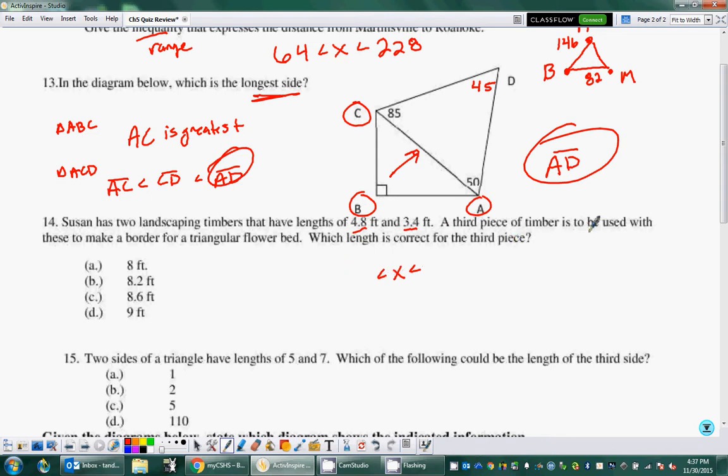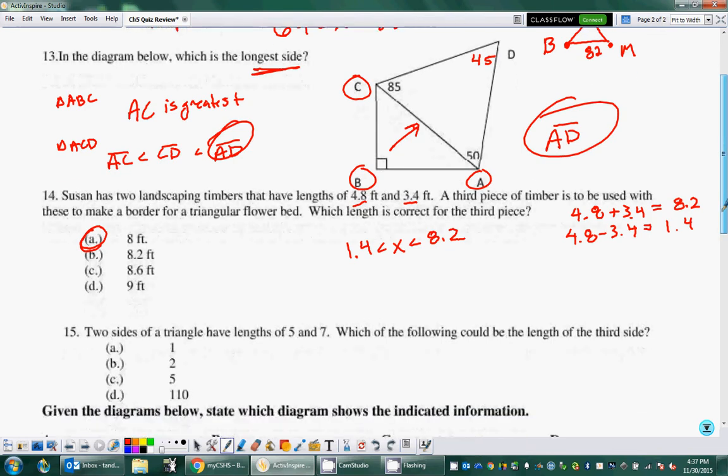Last three here. So I said a median is going to go from a midpoint through a vertex of the triangle. Only one goes from a midpoint. My only midpoint drawn on the triangle here is point B, with these two congruent sides. So in this case, we're going to have B as my median, because it goes through a vertex.